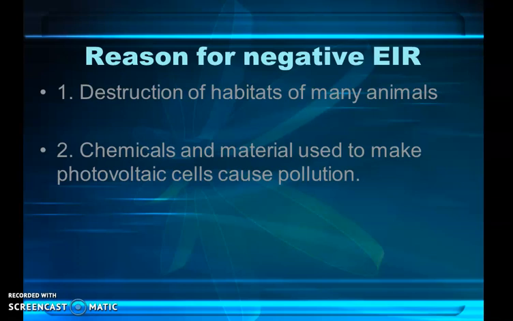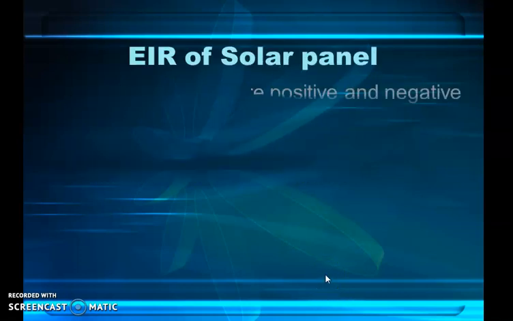So destruction of habitats of many animals is the first reason. The second reason is chemicals and materials used to make photovoltaic cells, because solar panels use photovoltaic cells, and to make them chemicals and different substances are used. That can harm the environment as well and cause environmental pollution. So that is the reason for the negative EIR of solar panels.